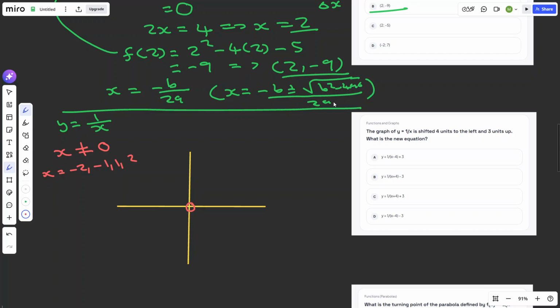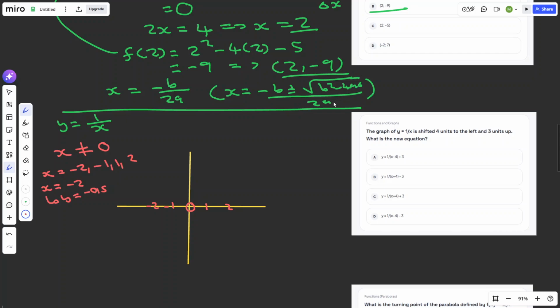So now if we check here, we'll have 1 and 2, -1 and -2. So let us substitute, right? For x is equal to -2, then y is equal to -0.5.